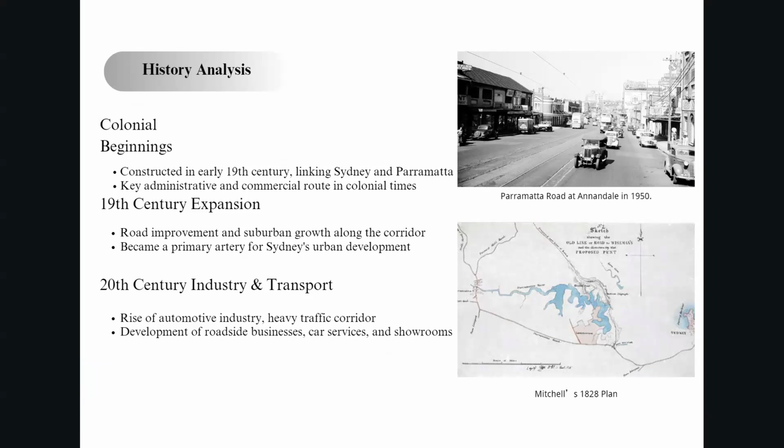When the automobile industry started reaping its dividends in the 20th century, the area became a busy corridor with successful road businesses, such as car dealerships and service stations. A 1950s image of Annandale underscores its role as a transport and commercial hub.